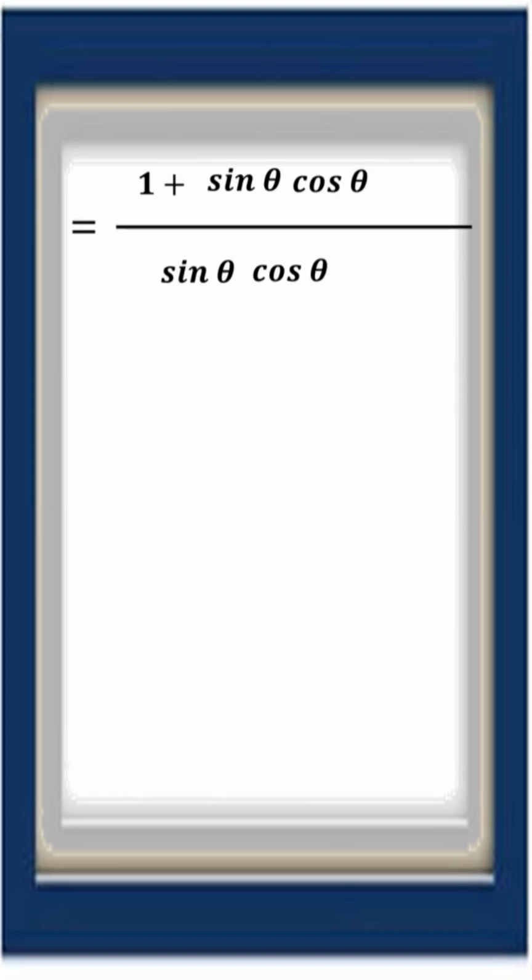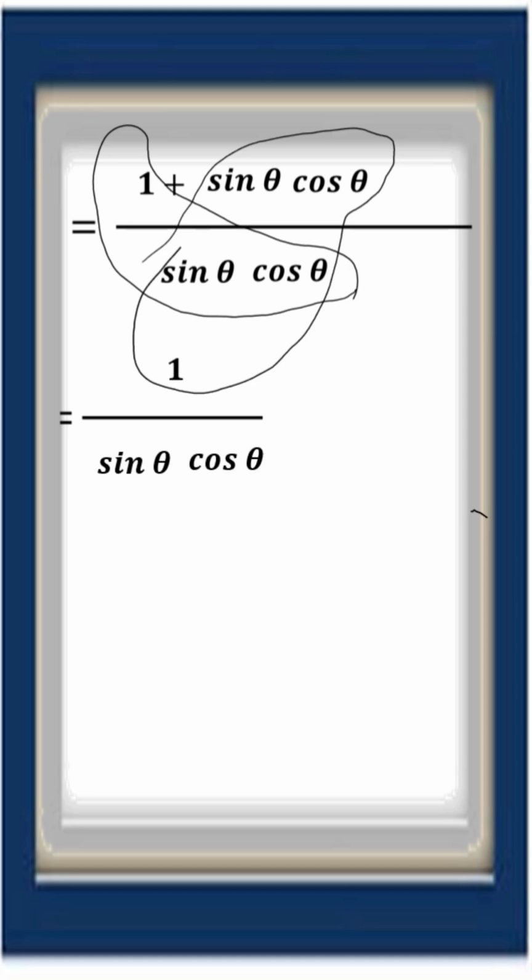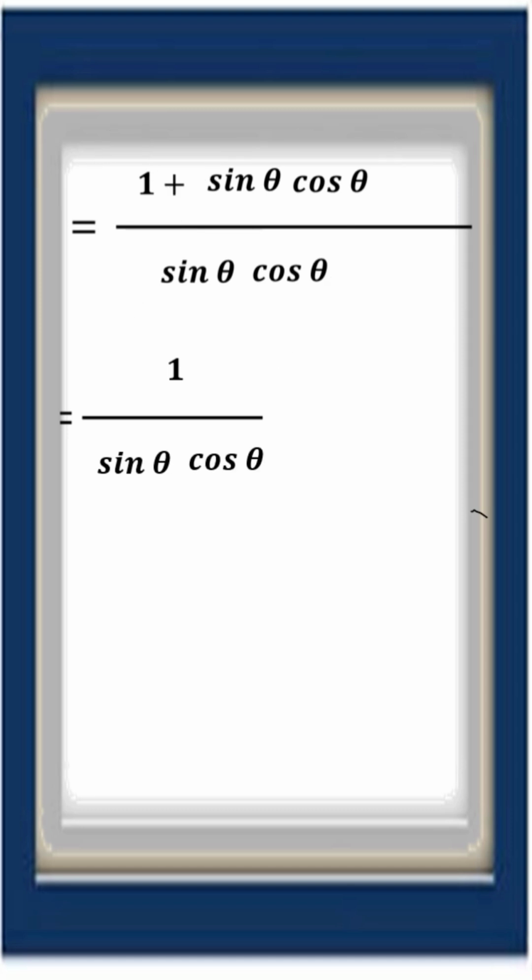So now we have 1 plus sin theta cos theta upon sin theta cos theta. Now let us separate this and this. What does it become? 1 upon sin theta into cos theta, plus sin theta cos theta upon sin theta cos theta.